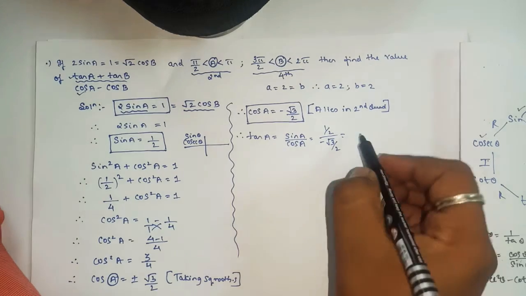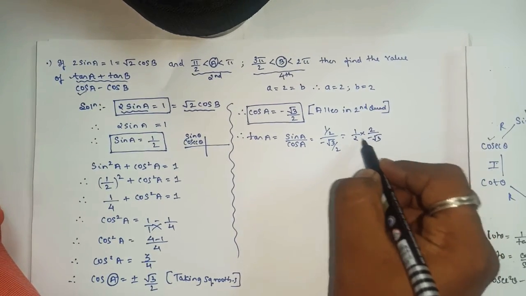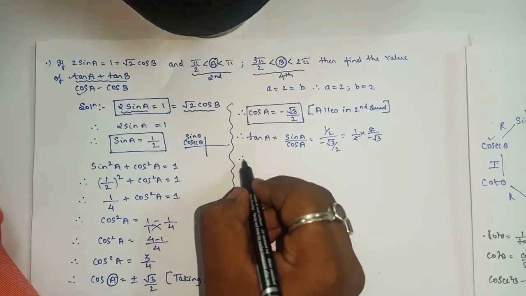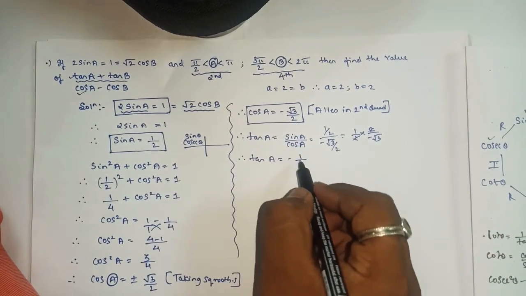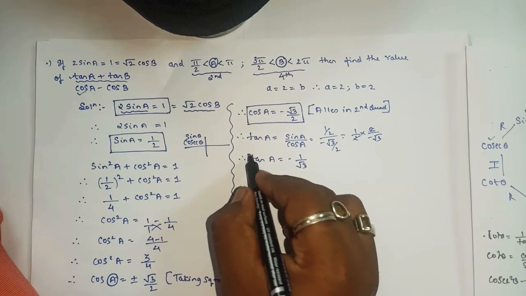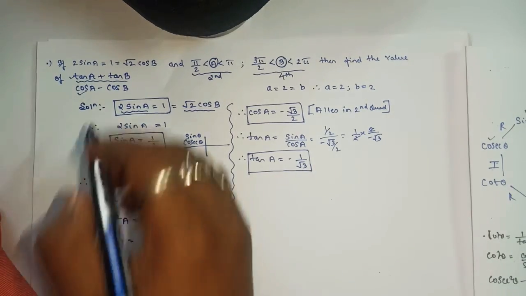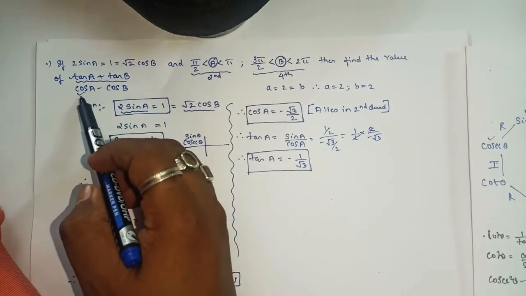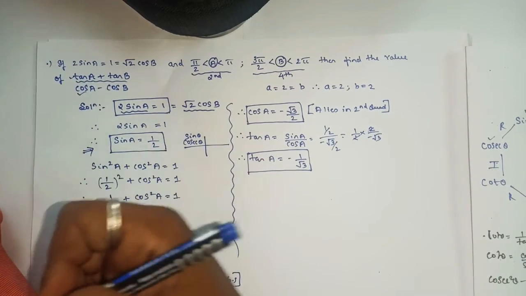So therefore here can I say 1 by 2 into 2 upon minus root 3, so 2 will get cancelled. So here we are left with what? Tan A equals minus 1 upon root 3. So here we got the answer of tan A.